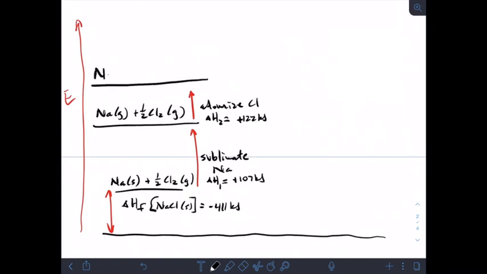So now I have sodium gas and just a single atom of chlorine gas. Now I need to make ions. The first thing I'm going to do is ionize my sodium.